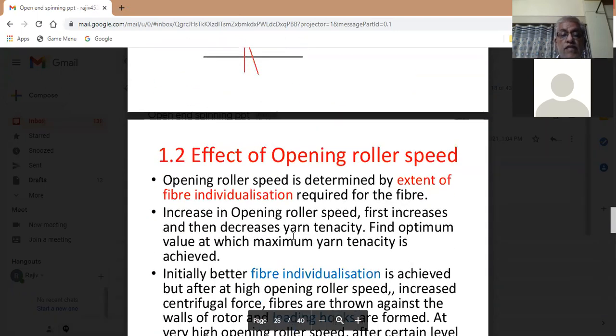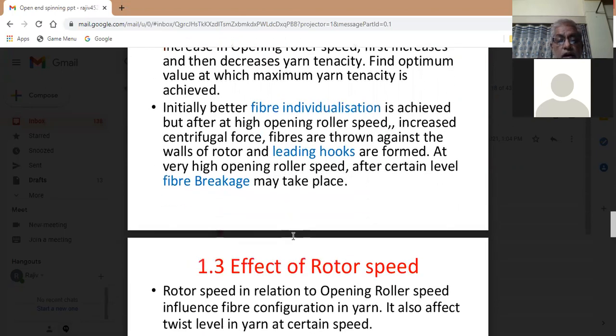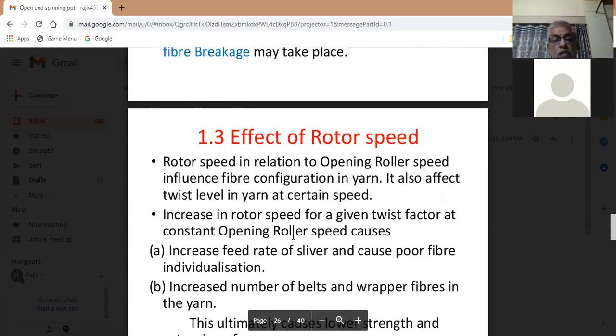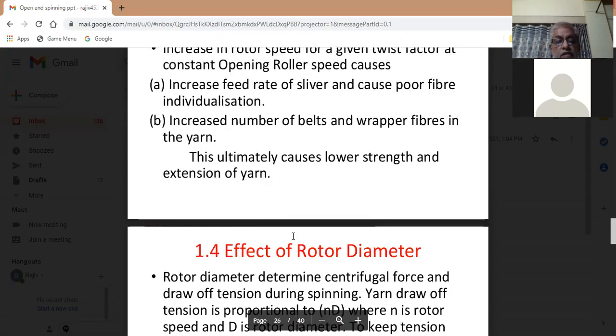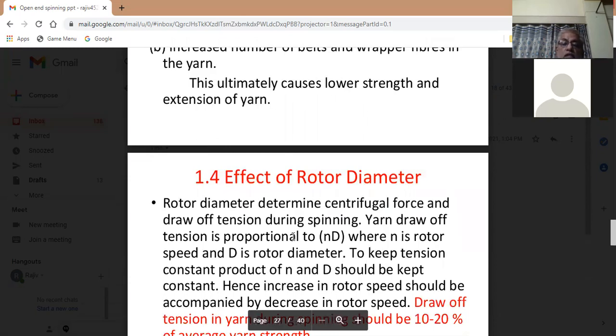Man-made fibers require gentle opening, and opening roller speed should also be optimized so that better fiber individualization is achieved, and rotor speed should also be judiciously selected, and effect of rotor dia for every fiber. The rotor dia will be different.